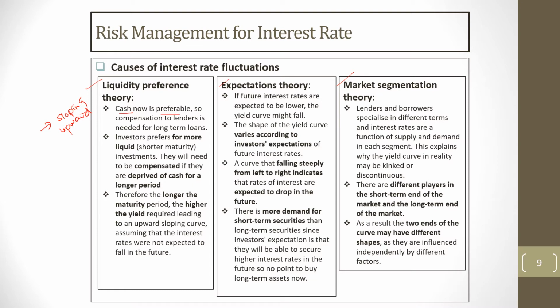So the compensation to lenders is needed for long-term loans. So the investor prefer for more liquid. So as we know, the more liquid is the cash, shorter maturity investment. They will need to be compensated if they are deprived of cash for a longer period. So maksud dekat sini, on this time the cash is now preferable.